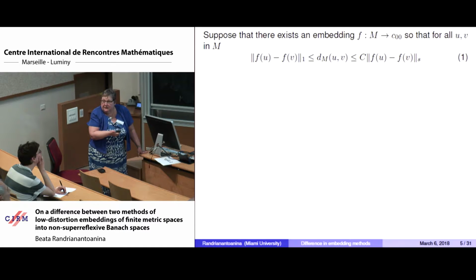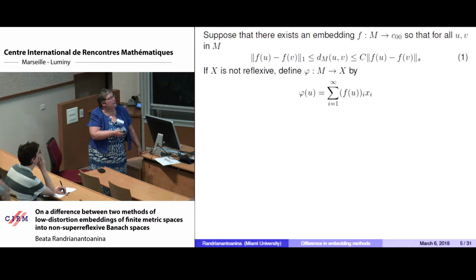So then if we have the sequence, like in the characterization of non-reflexive spaces, we can define our map using this sequence from the previous theorem and taking the coefficients of this f of u, we produce the embedding, right? And this is the right embedding.